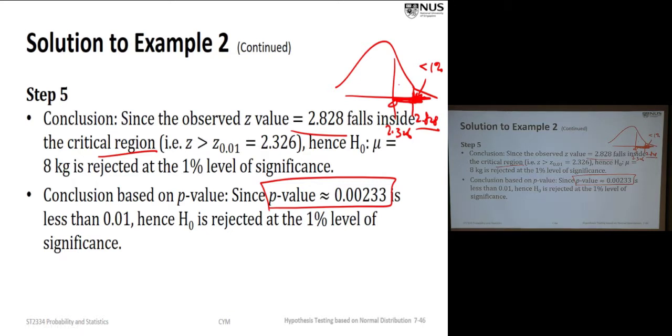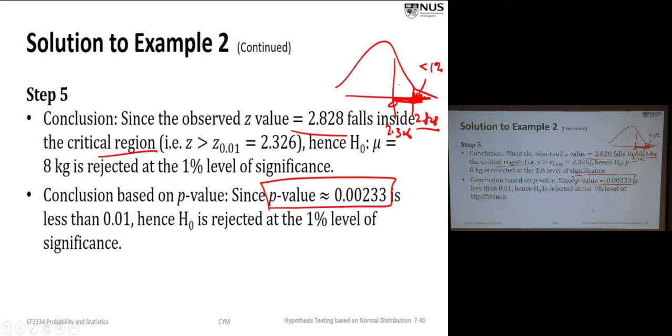So I don't know the p-value, but I know that it's less than 1%. I want you to know, if I don't have this computer, at least I can make a decision. If I know 2.326, greater than it is a 1% chance, so the decision is to reject the null hypothesis at the 1% level of significance.